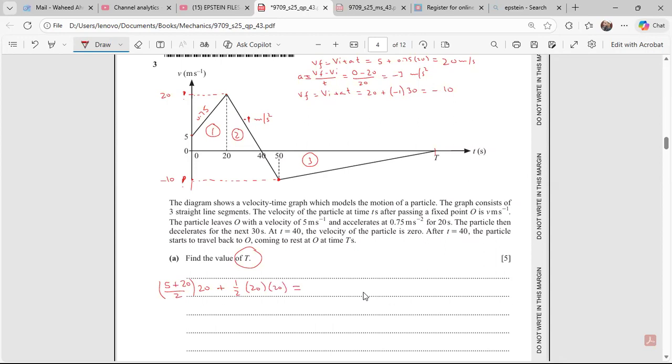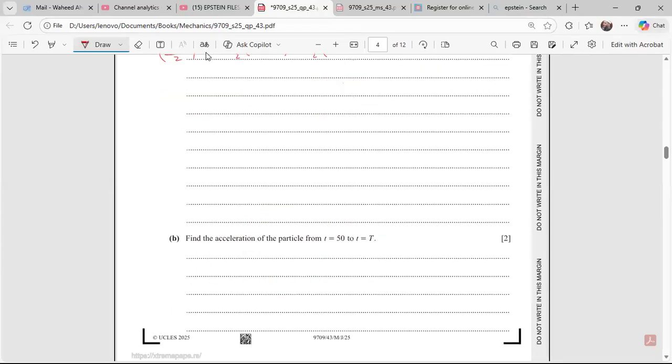This should be equal to the negative area, which is half, and the base here is from 40 to T, so T minus 40, times the height of 10. Setting the total positive area equal to the total negative area and solving this equation will give us the value of this capital T.